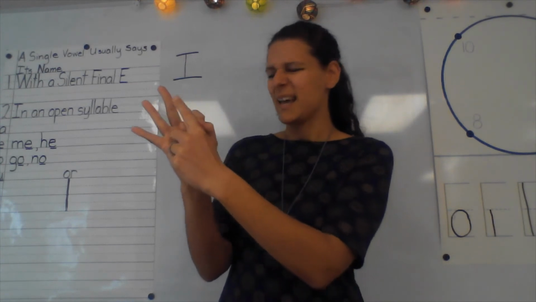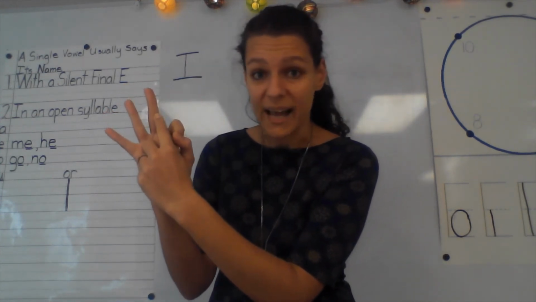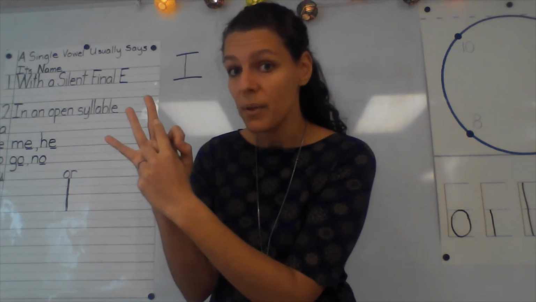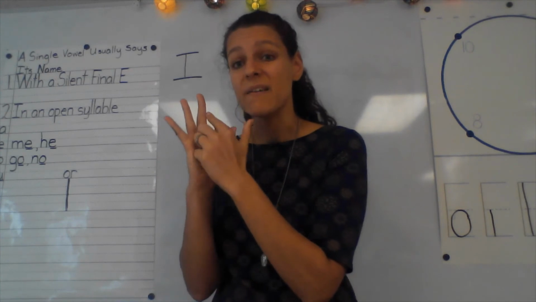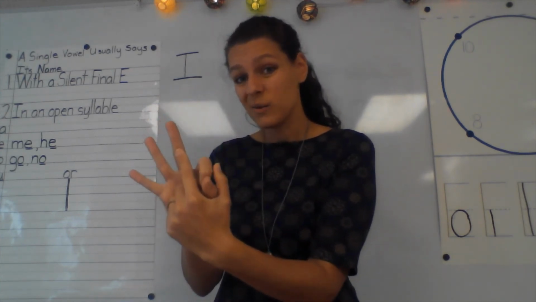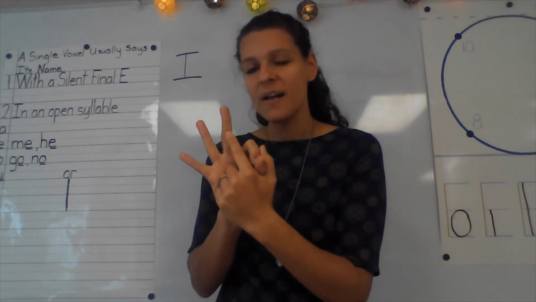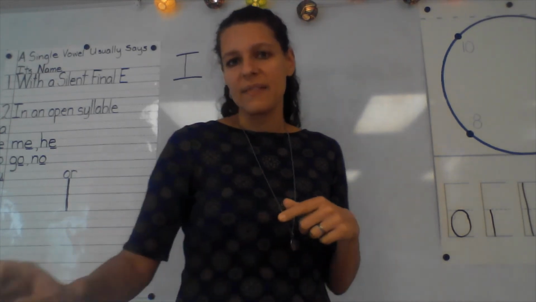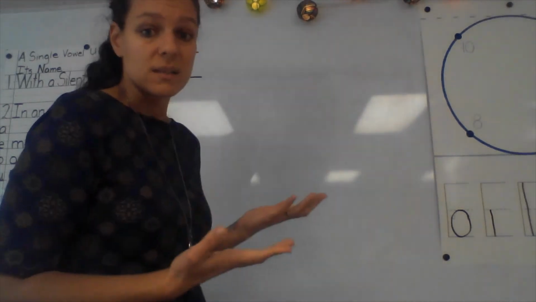Could I use I-E to say I here? I could, couldn't I? Because it's the end of a syllable, but it's not the end of an English word. So I want you to write that first syllable. We're going to use I-E to say I in spider. So write that first syllable, and then remember to do the little dot and leave the clock space that says this is a new syllable.